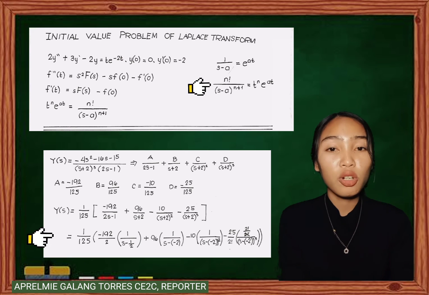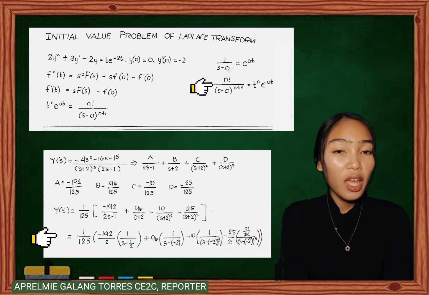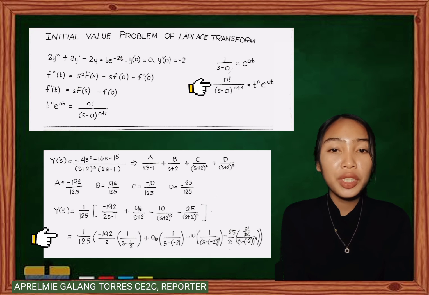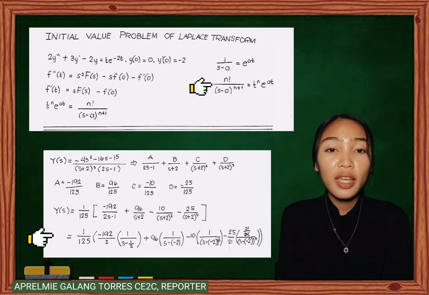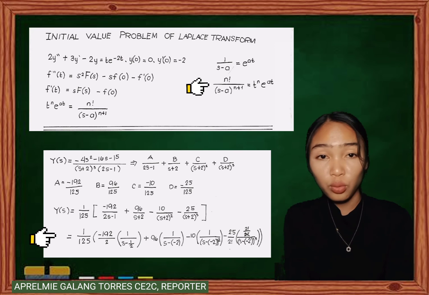In the denominator, we have again s minus a negative 2, then the exponent here, we have a 3, which is essentially 2 plus 1. If we're looking at the exponent here, n plus 1, if our exponent is equal to 3, then n has to be equal to 2.